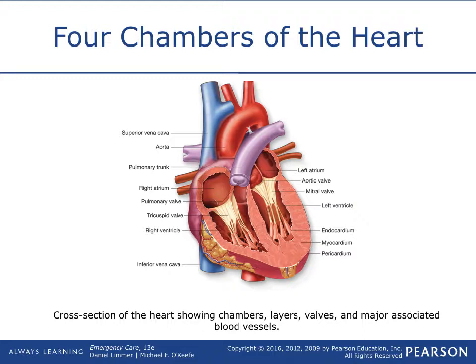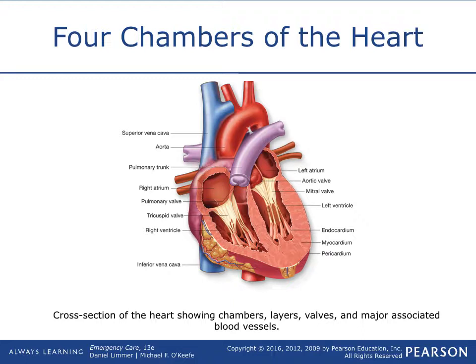Then the SA node kicks in a contraction with the atrial contraction. The mitral valve snaps shut and the tricuspid snaps shut as pressure decreases, and then the blood pushes against the closed pulmonary and aortic valves and causes them to open.